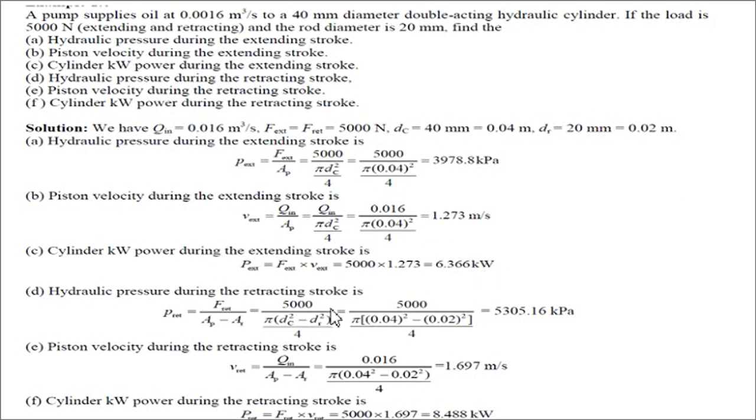Similarly, during the retraction stroke you know the annular area, that is pi by 4 times (0.04 square minus 0.02 square). So you will get the pressure, as well as the velocity during retraction by using the annular area again with the same discharge, as well as the power output.